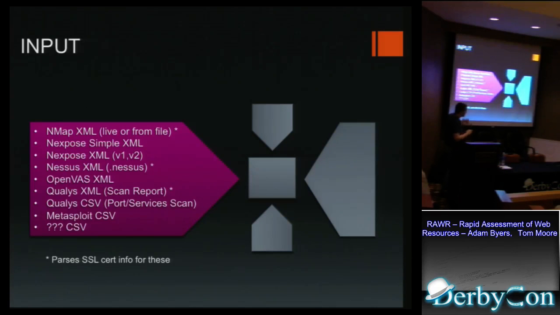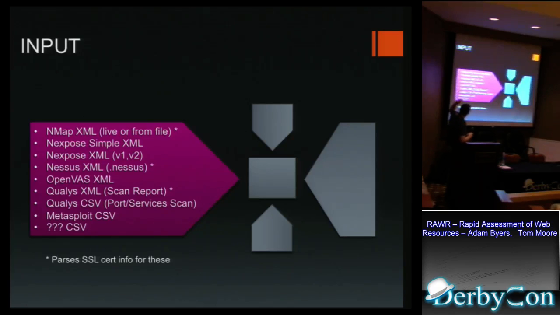OpenVAS and Expose, still working on that. I'm kind of a noob with those anyway. If you're dumping things out of Metasploit, we pull that in as well. A lot of the solutions you got there, including Nmap at the top, you can run live. We've got a little wrapper around it that you can specify your range and everything, so you can do a live scan of a scope or an input list or whatever Nmap takes.